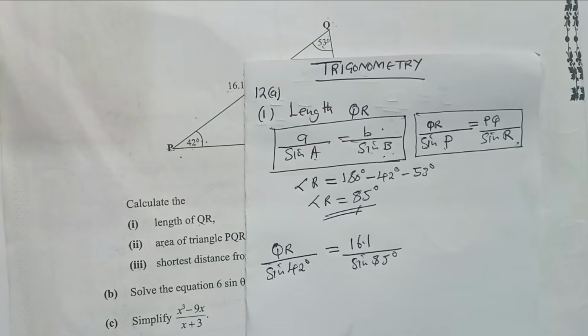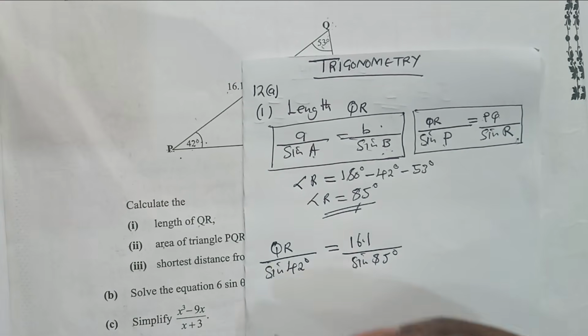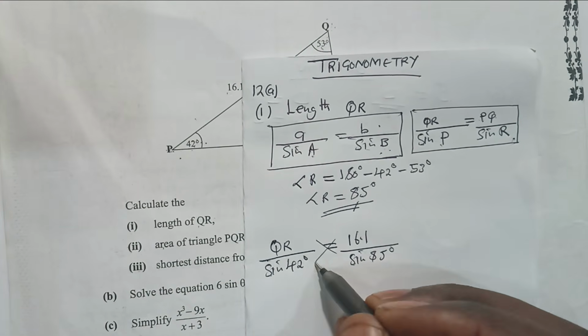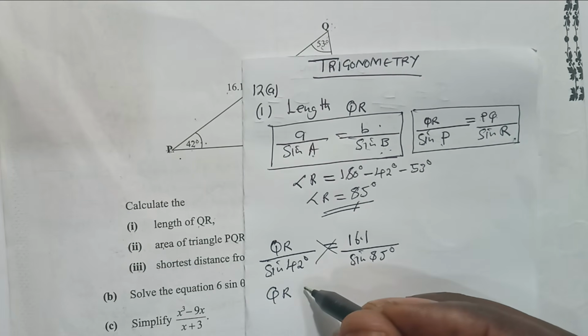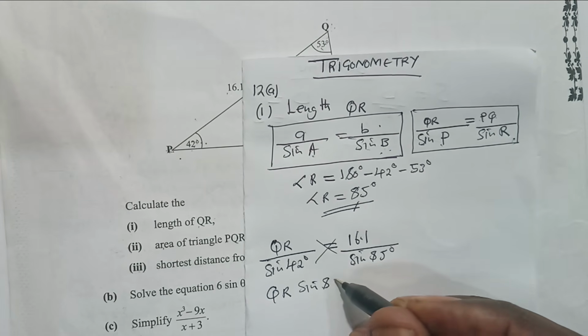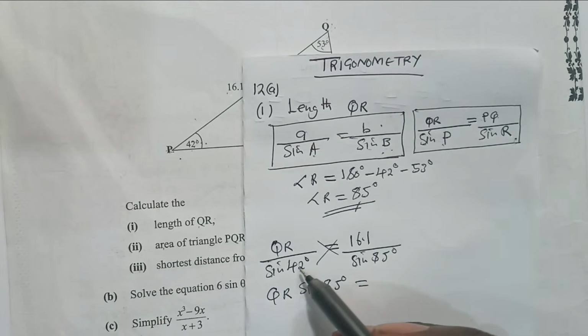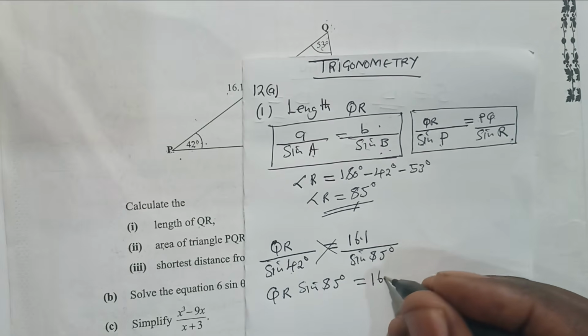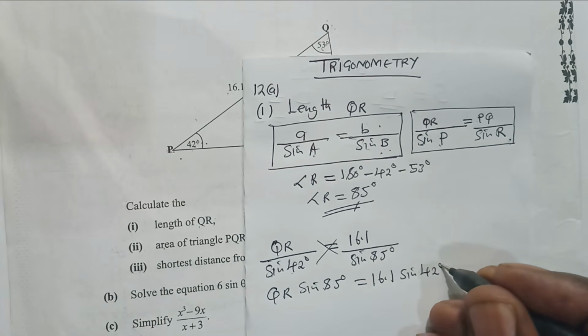Having done that, we can now go ahead and find the value of QR. We do the cross multiplication. So QR sine 85 degrees is equal to 16.1 sine 42 degrees.